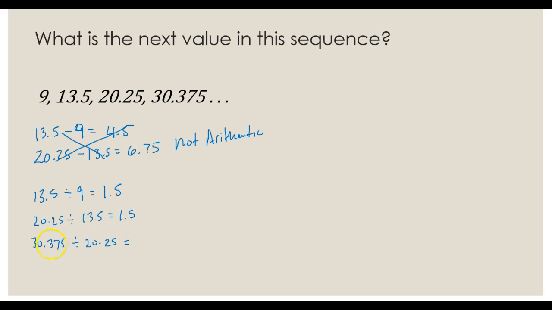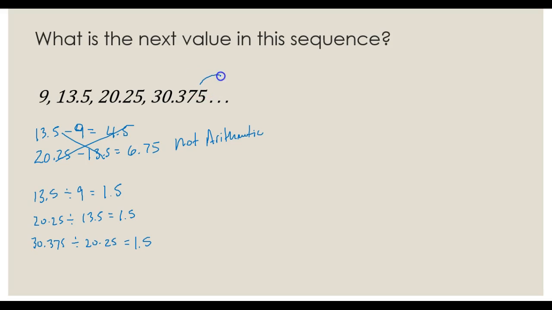And if I type in 30.375 divided by 20.25, I get 1.5 again. And so, hooray, success. All the ratios are the same, so the common ratio is 1.5.